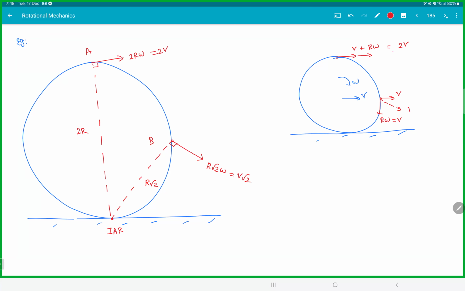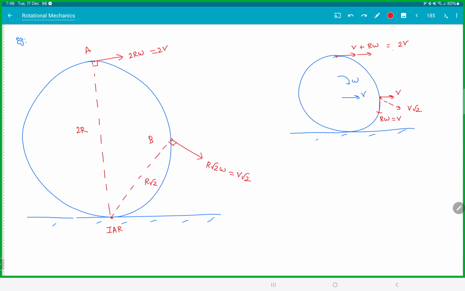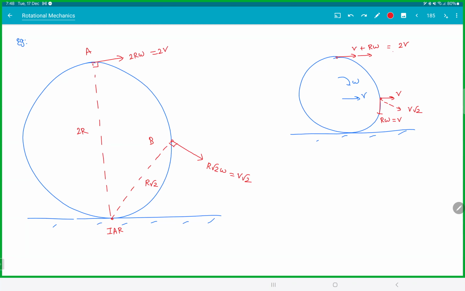So it used to go this way with v root 2. Can you see the answers are matching? So when we used to find velocities, we used to take translation plus rotation, then we used to add i cap, j cap and solve. But if you go and stand on IAR, you don't need to do all this. Just take the distance from the IAR and multiply by omega. You're done. You'll get the answers. Is this making sense, everyone?